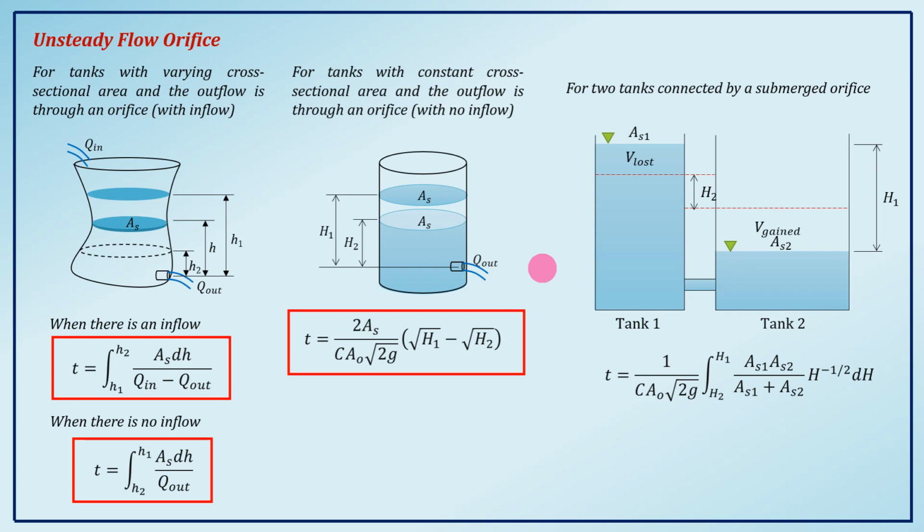What if the cross-sectional area is not varying? We can use our equation without the integral sign.